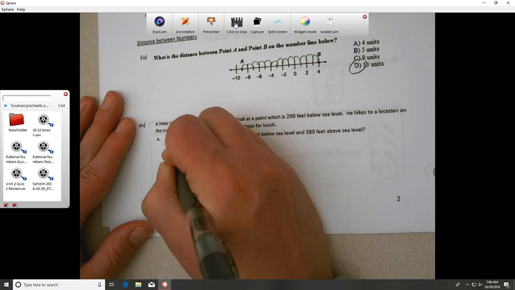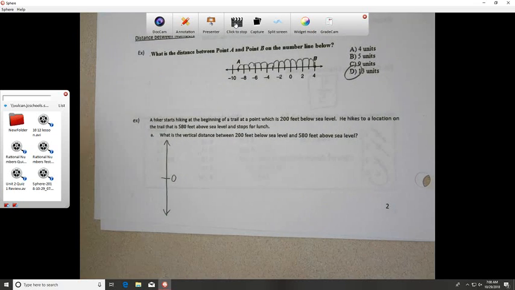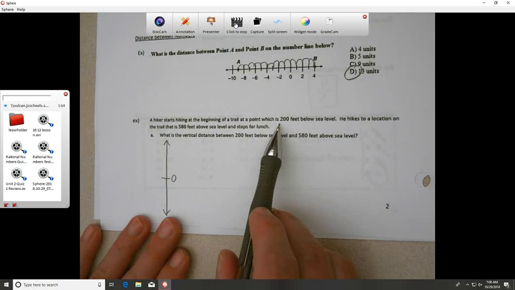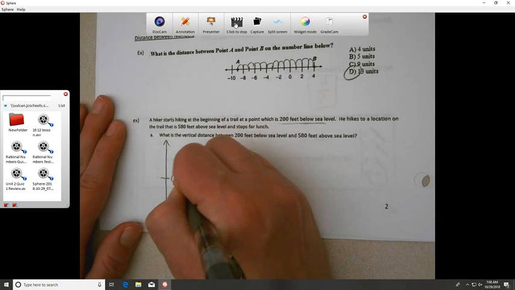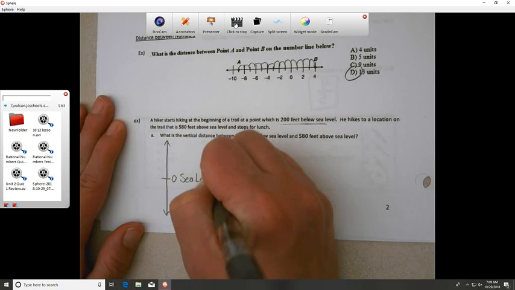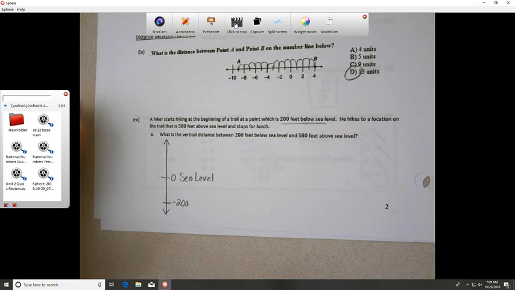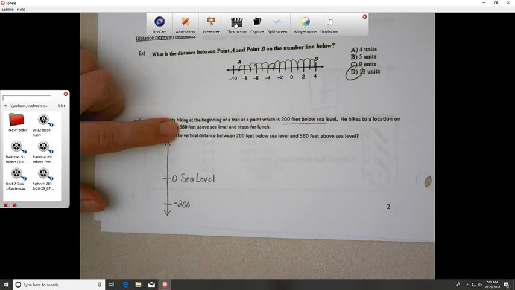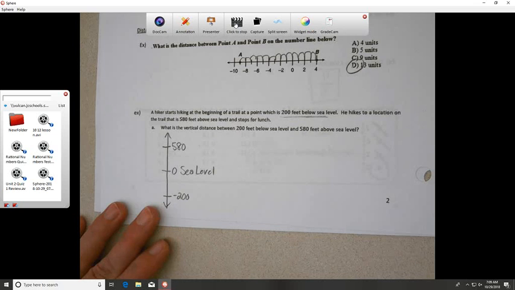So it says that he starts at a point that's 200 feet below sea level. So if 0 is sea level, 200 below is going to be down there. And then he ends up at a point that's 580 feet above sea level. So that's going to be a positive. That's going to be up there. We want to know what's the distance between these 2 points.